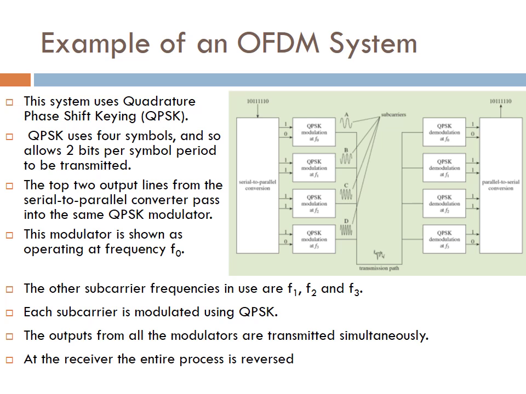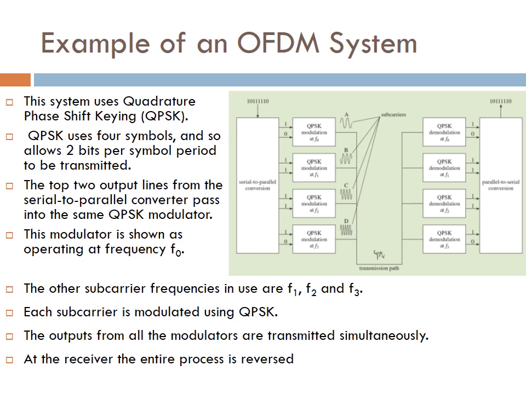I have not said anything about how the individual subcarriers are modulated. Any of the modulation methods already described in this part of this block could in principle be used. The system of the following figure uses quadrature phase shift keying. You may recall that QPSK uses 4 symbols and so allows 2 bits per symbol period to be transmitted. This is why in the following figure the top 2 output lines from the serial to parallel converter pass into the same QPSK modulator.